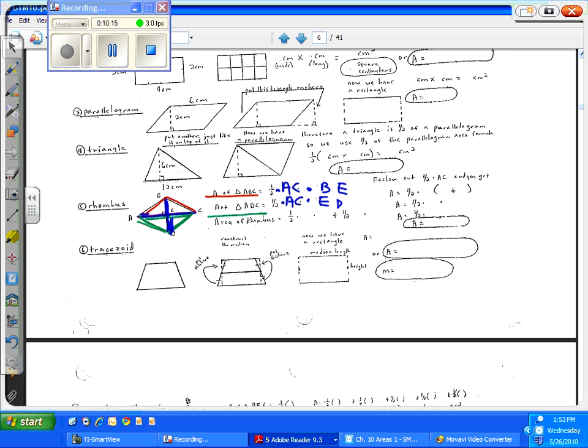So if I wanted the area of the rhombus, I could add those together. So I could say 1/2 AC times BE plus 1/2 AC times ED.